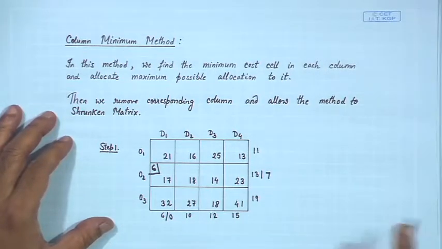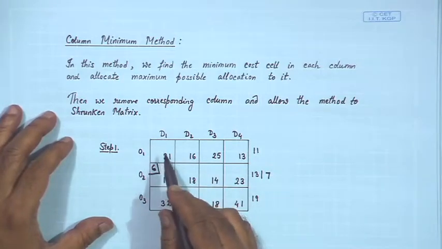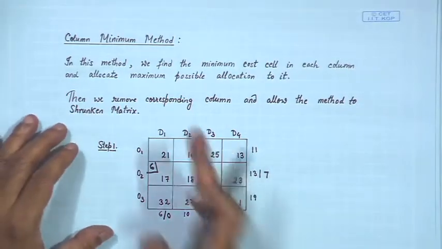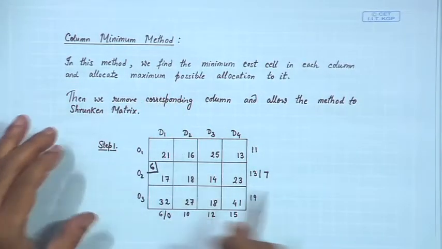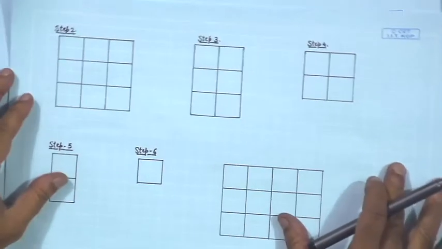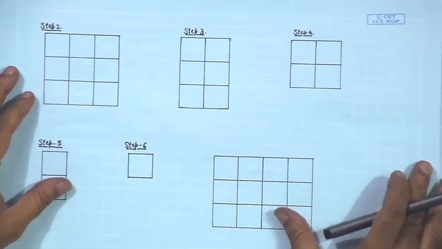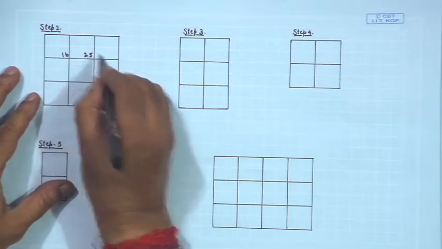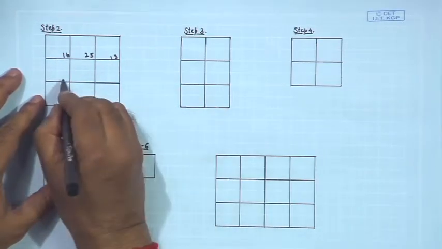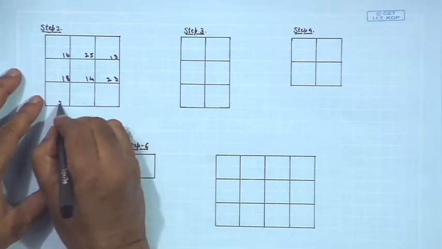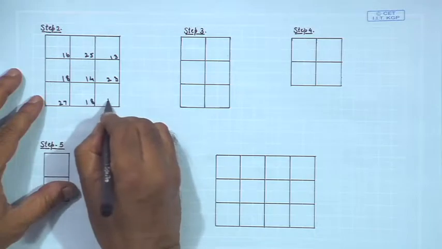So, now what will happen? The first column you will remove and you will shrink the matrix. Means now this column will not be there, you will write down only these 3 rows and the new allocated values. So, in the next table what you will obtain is 16, 25, 13, 18, 14 and 23, 27, 18 and 41.